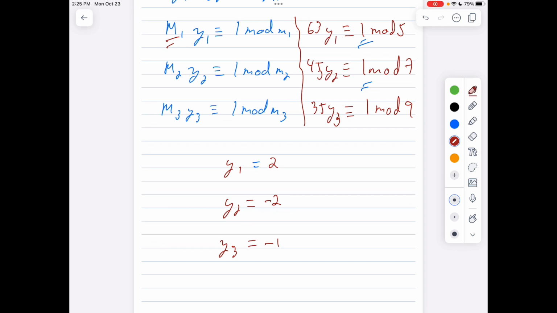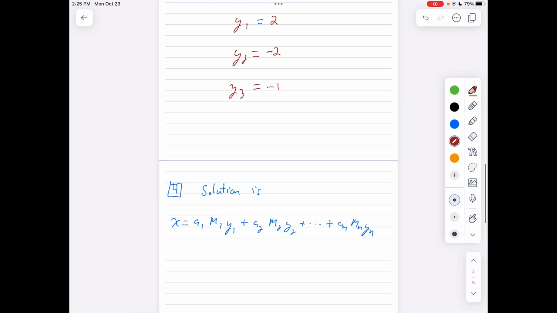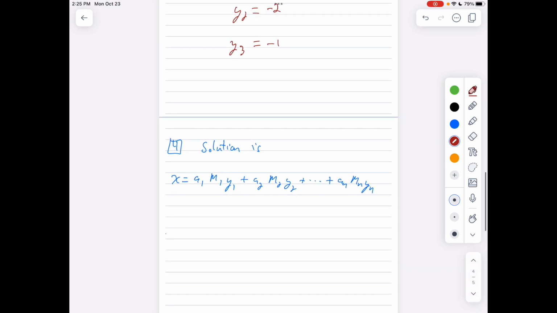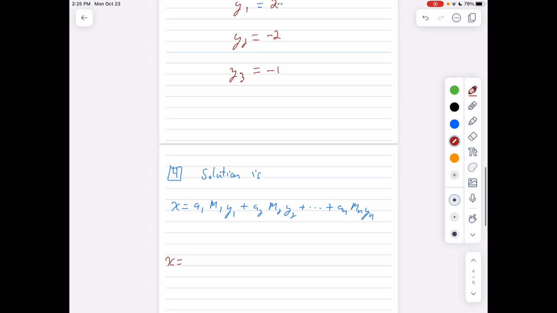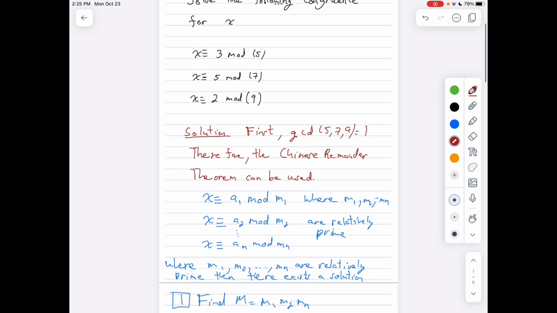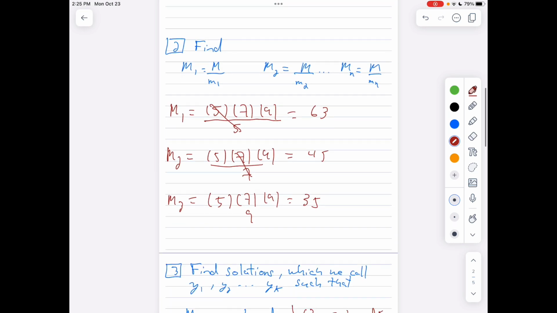Okay, so we got our numbers, and the next part is finding your solution, and it's equal to this expression right here. So x equals a1, where a1, a2, a sub n are all the numbers that I had here on top. Those are the 3, 5, and 2.